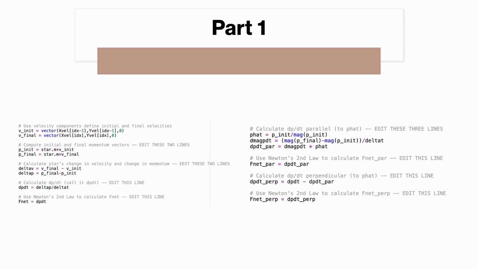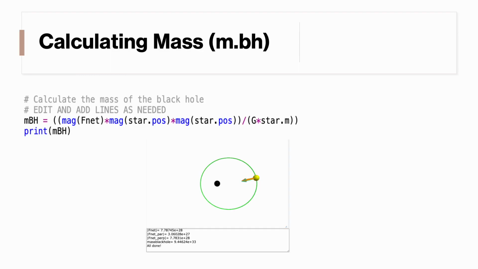However, in order to calculate each component, we're going to need to know P hat, the magnitude of dp dt, and dp dt parallel, so we could add these components together. Once the dp dt perpendicular and dp dt parallel components are added together, we can find Fnet, which is just equal to dp dt.